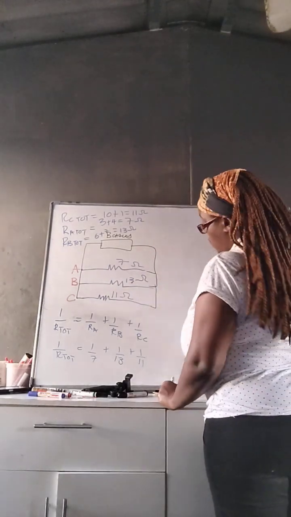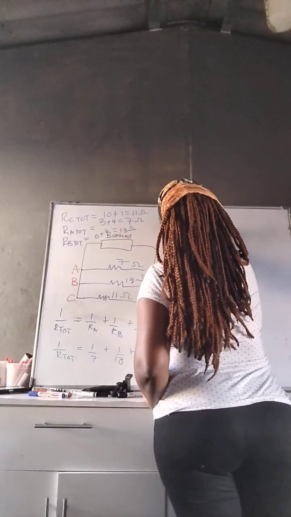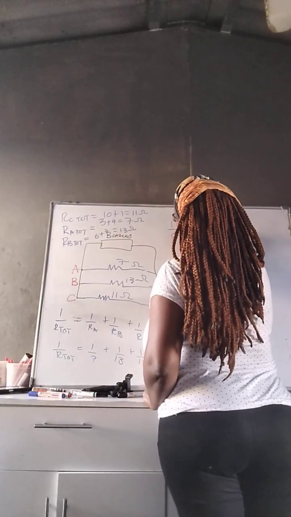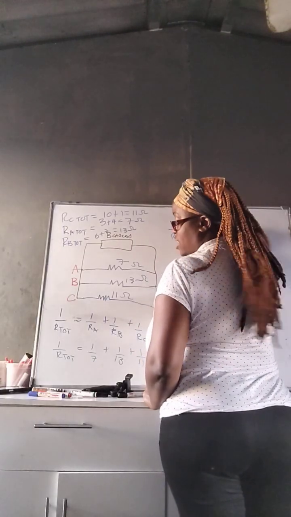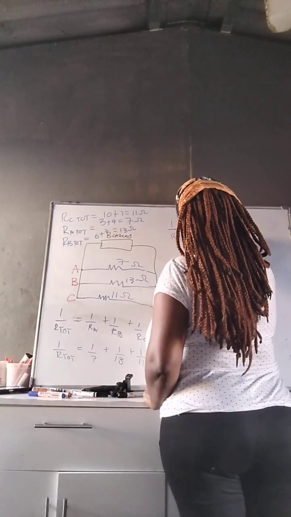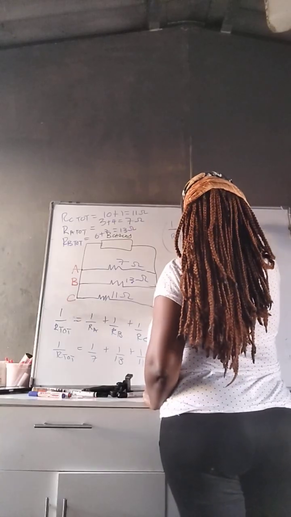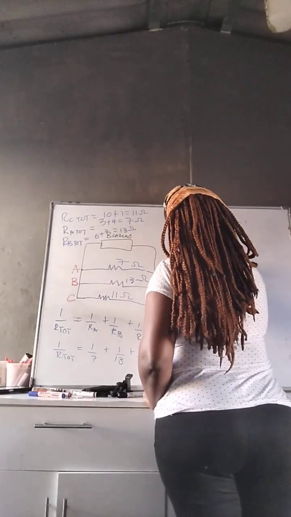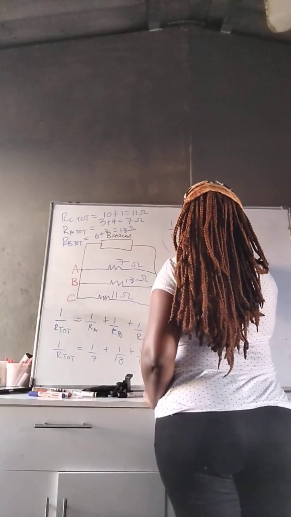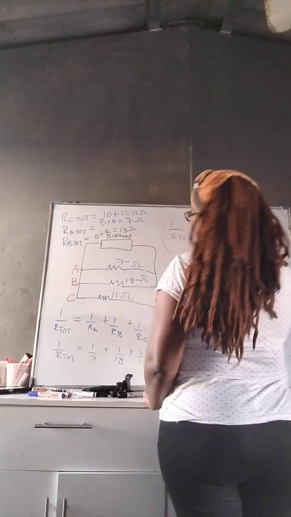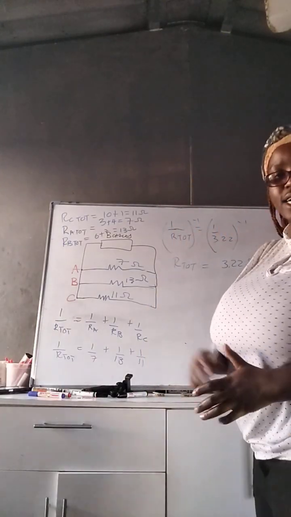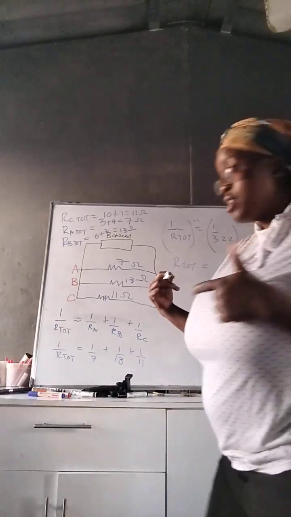So 1 over R total is equal to that, 1 over 3.22. And then you get the inverse of this, so R total is equal to 3.22 ohms. That's how we get our answer there.